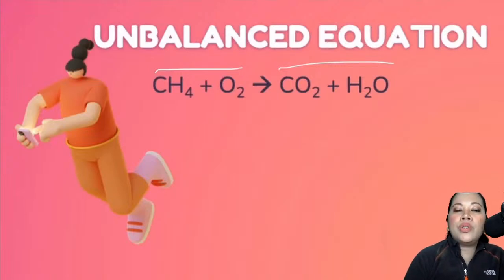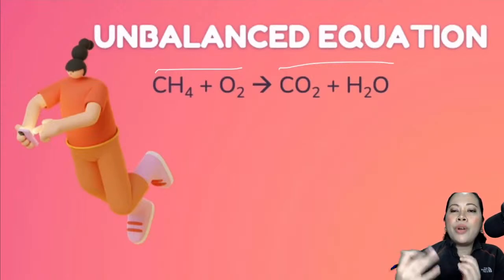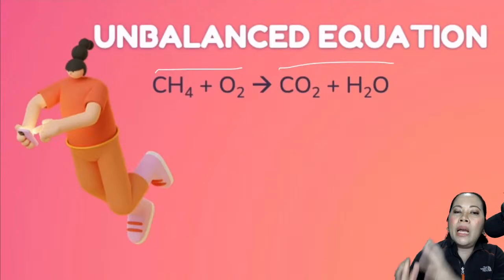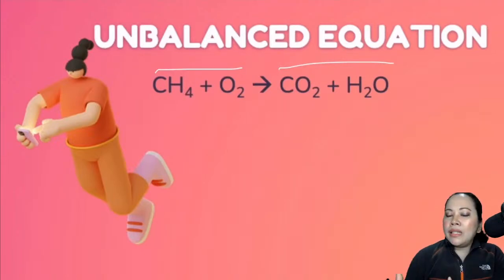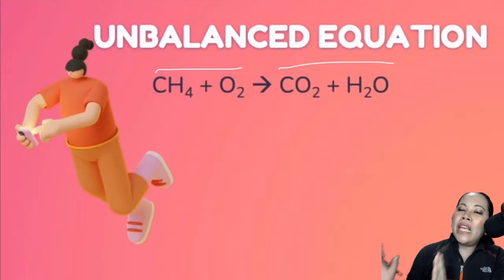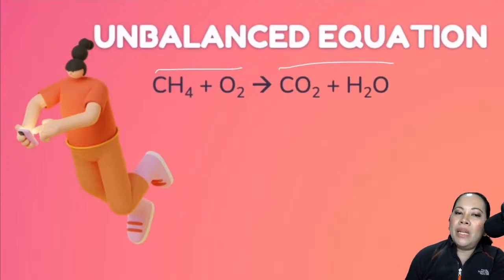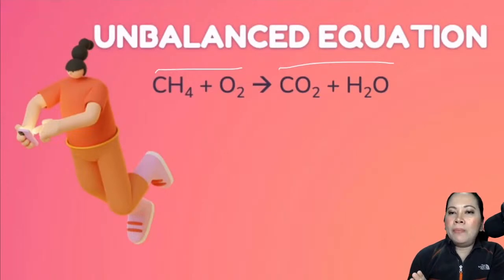Now, according to the law of conservation of mass, in a chemical reaction, matter is neither created nor destroyed. So in other words, the number of each type of atom on your reactant side should equal the number of that type of atom on your product side.